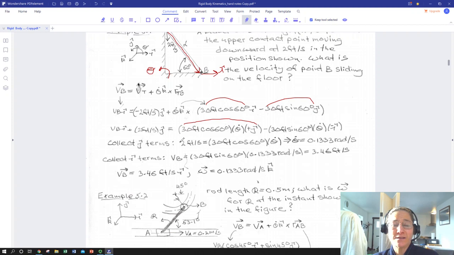So I can collect terms in the j hat direction and give myself 2 feet per second. Take it to the other side because v sub b doesn't have a j component, and equate that to the 30 feet cosine theta times theta dot. Do some algebra, and I get a theta dot of 0.133 radians per second.